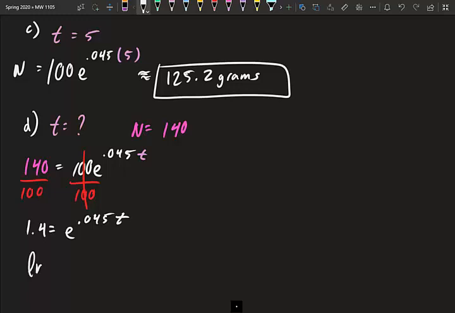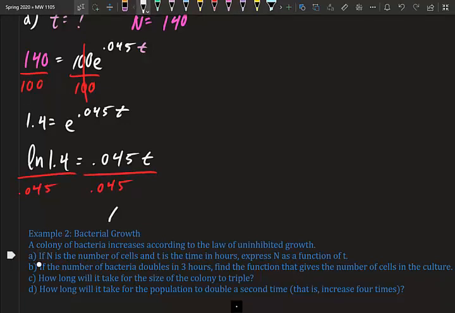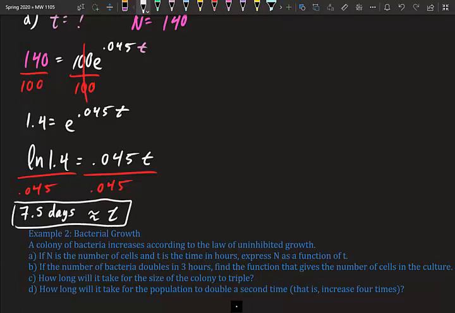So we have ln 1.4 equals 0.045 t. Let's solve for t by dividing. And we get t is approximately 7.5 days. So after 7.5 days, you'll have about 140 grams of bacteria.